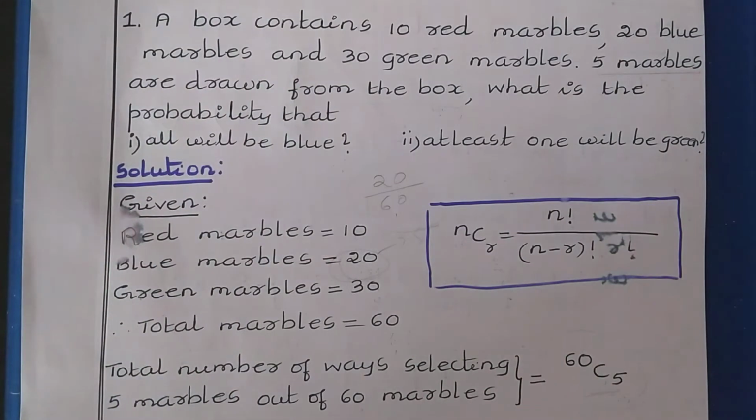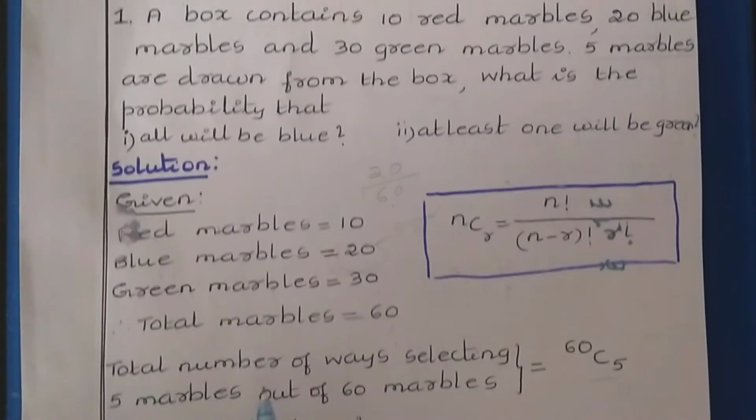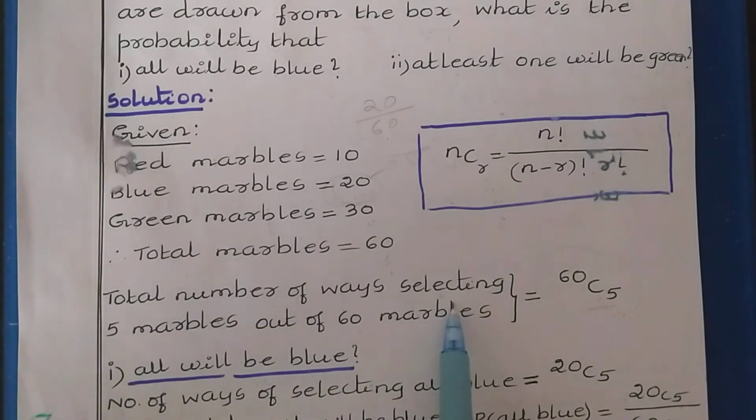Next here, in this case, let us find the total possible outcome of the experiment. Here the experiment is selecting 5 marbles from the box and the box contains totally 60 marbles. So total number of ways of selecting 5 marbles out of 60 marbles is equal to 60C5.